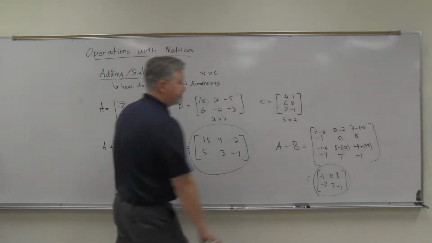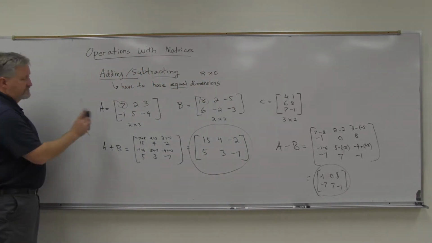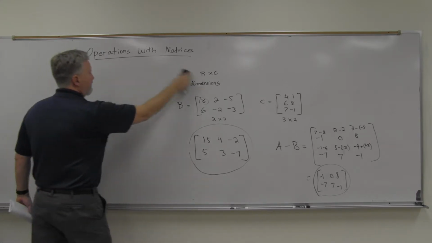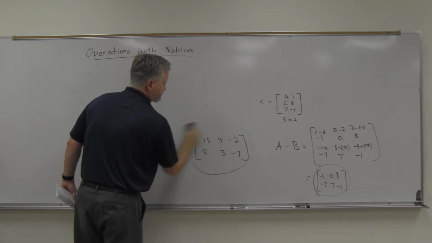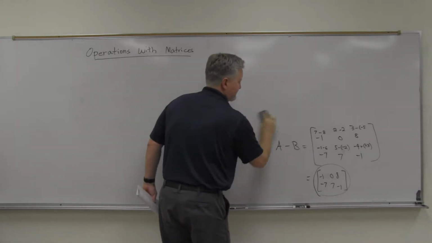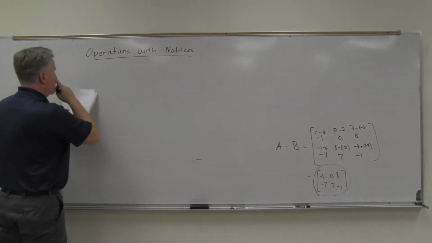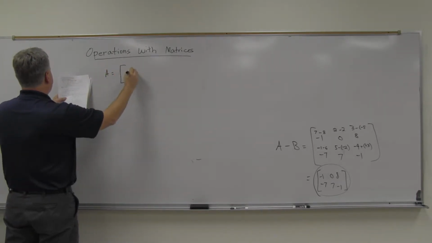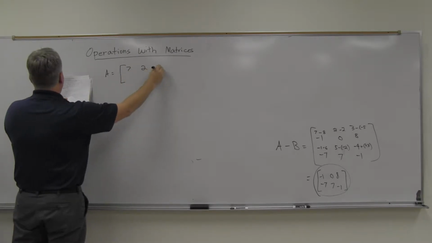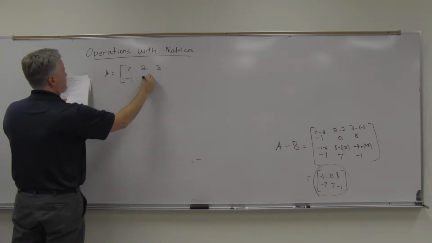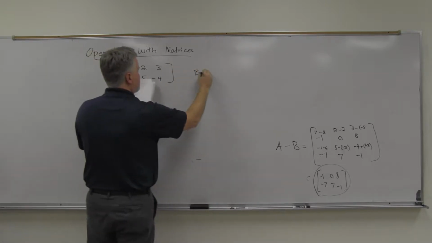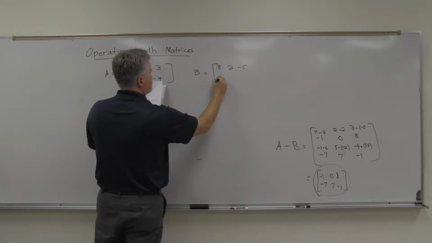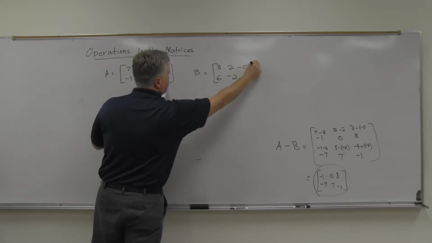Now, one other thing we can do that's fairly nice is multiply. I should have kept mine. I'm going to use the same two here, I didn't mean to erase them. So it's 7, 2, 3, negative 1, 5, negative 4. And B is 8, 2, negative 5, 6, negative 2, negative 3.